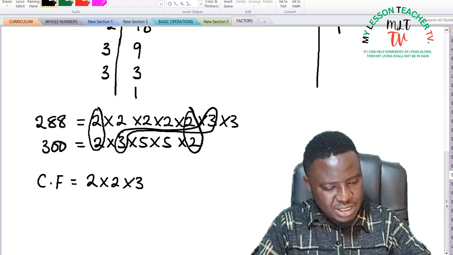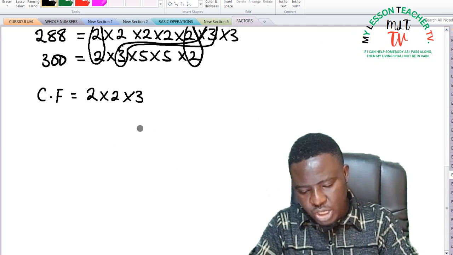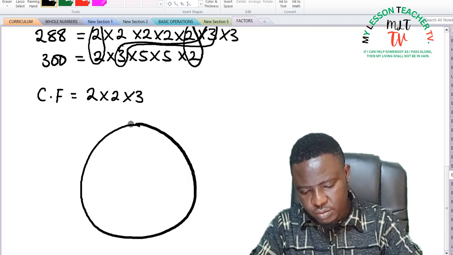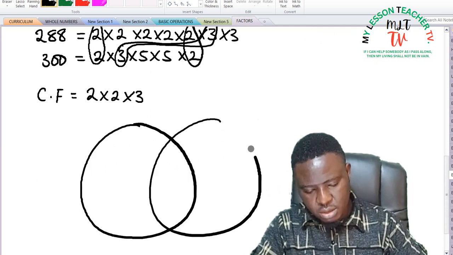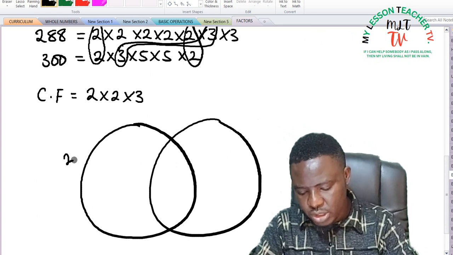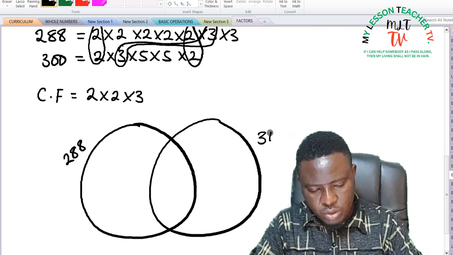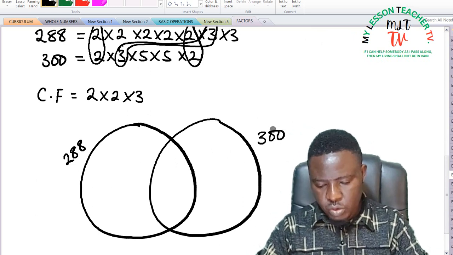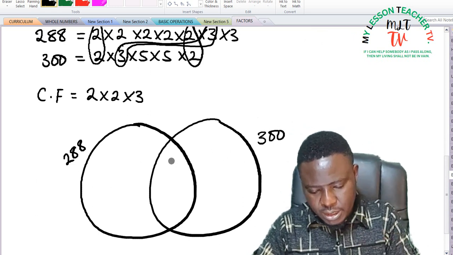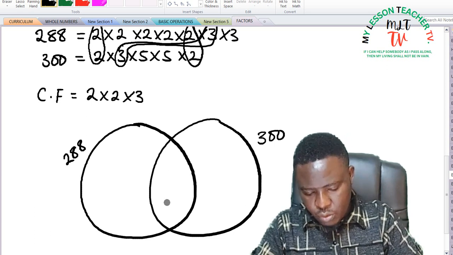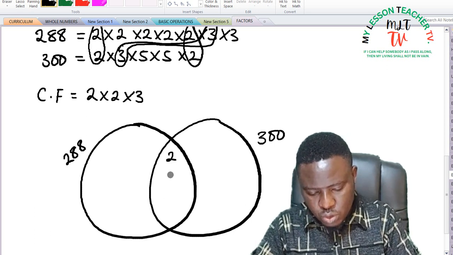So representing this in a diagram, we shall have this and this. This is for 288 and this is for 300. So in the overlapped region, which is this, we have 2, 2, 3.